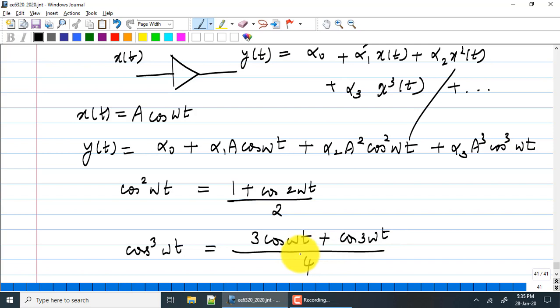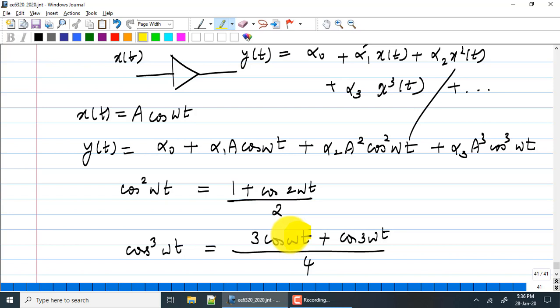Okay, what is this telling you? If I had a third order nonlinearity, it is changing my fundamental. It is also causing a third order component. Now you can extrapolate this. If you had a fourth order cos power 4 omega t, you can imagine that it will affect your DC value, second order value and your fourth order value.